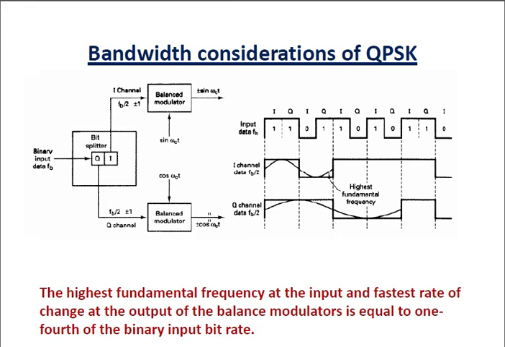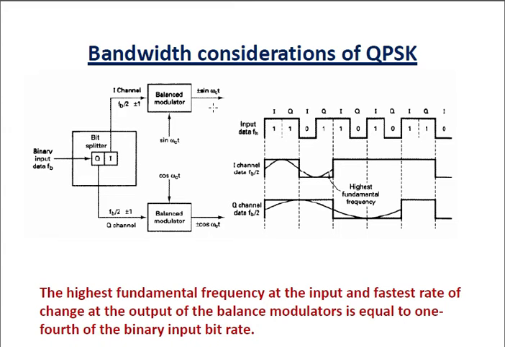The output of this balance modulator again depends on the polarity of the Q channel, whether it is logic 1 or logic 0. We take the output of this balance modulator into consideration for the bandwidth parameter.